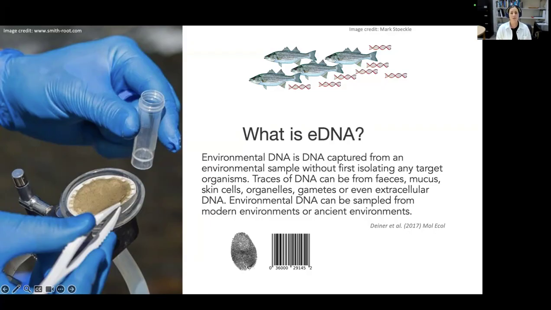So much like a fingerprint allows us to identify a person, or a barcode allows us to identify an item on the grocery shelf, the DNA that we collect from an environmental sample can allow us to understand the species that were present in that sampled environment. And so this general approach has opened up a suite of questions in biodiversity science.